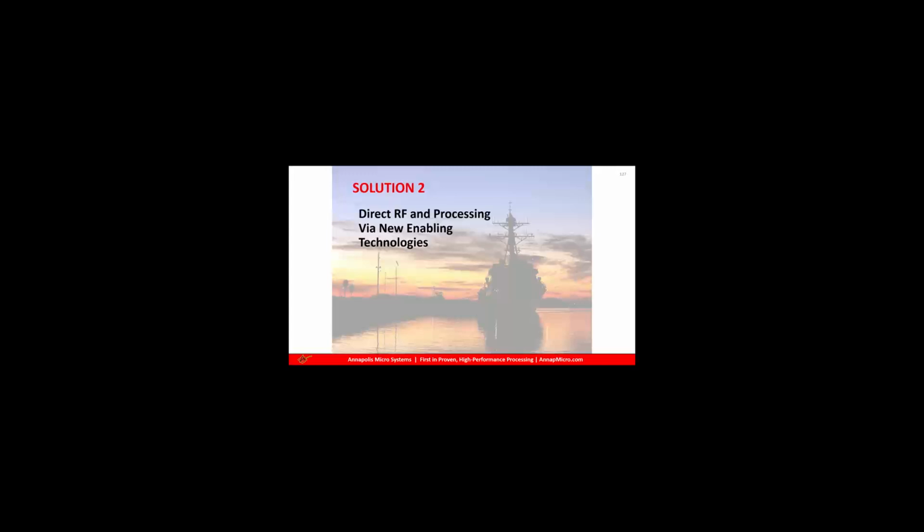Looking at the second challenge, addressing more agile adversary systems, so systems that are working at frequency bands that we don't know what they will be or that might change. To address that, we're looking at more direct RF digitization. That means utilizing the very high bandwidth converters that we showed a couple of slides ago in more places.